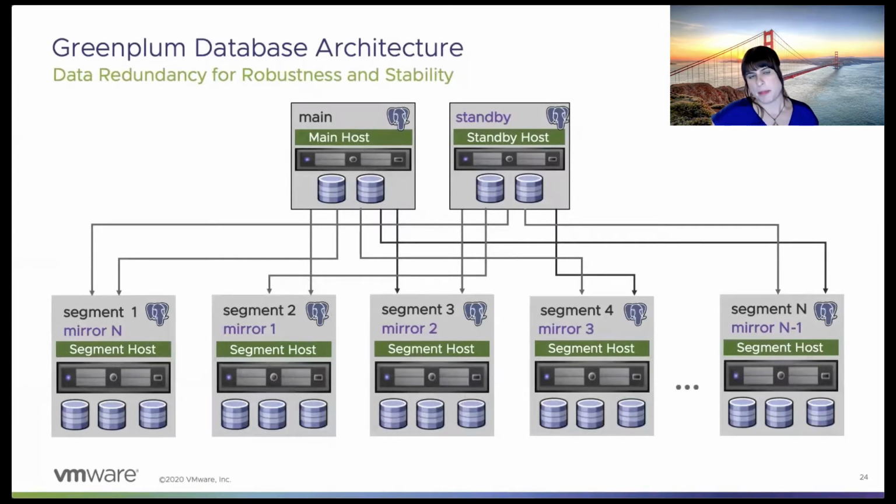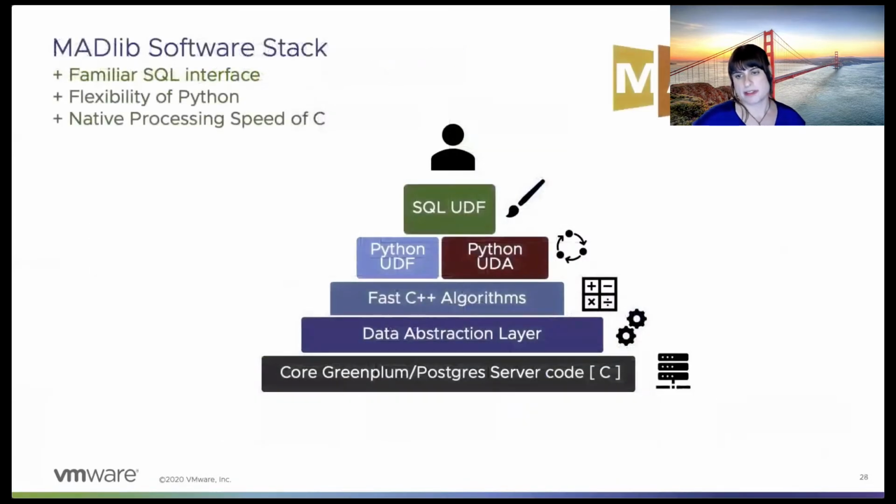So the software stack of MADlib is basically SQL on the top and C and C++ on the bottom, and then Python in the middle. The terms UDF and UDA in this diagram refer to extensions of the Postgres language called user-defined functions or user-defined aggregates. It's a way of adding a new SQL function, but written in Python.